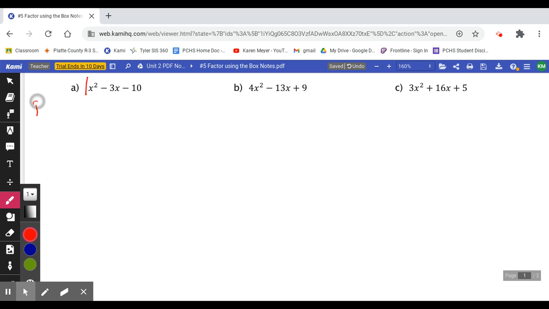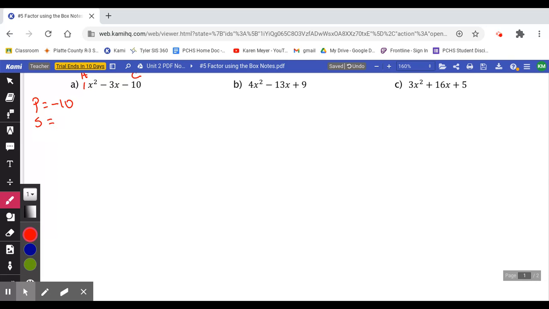So then we're going to get started by finding the product. The product is found by taking A times C. A is in front of x squared, and C is a plain number. So 1 times negative 10 is negative 10.